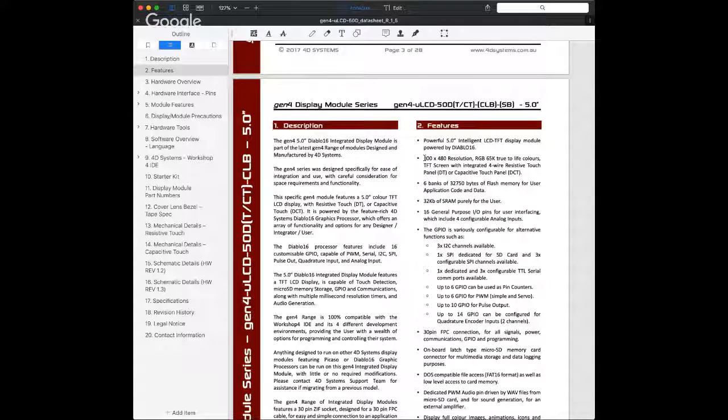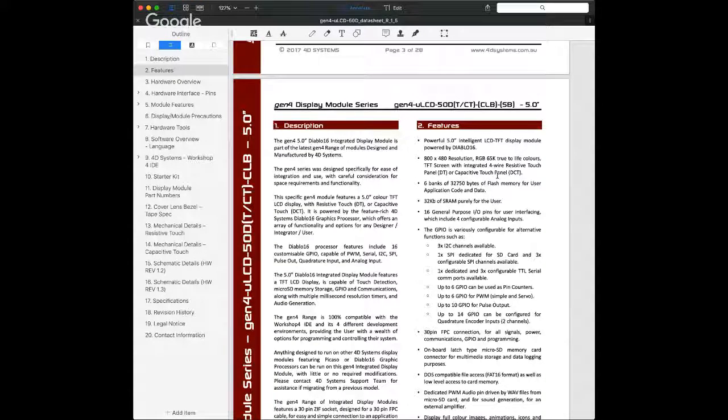This is a 800 by 480 pixel resolution display, 65K true to life colors. It has a 4-wire resistive touch panel or capacitive touch panel. Those are the ones that I have on hand.